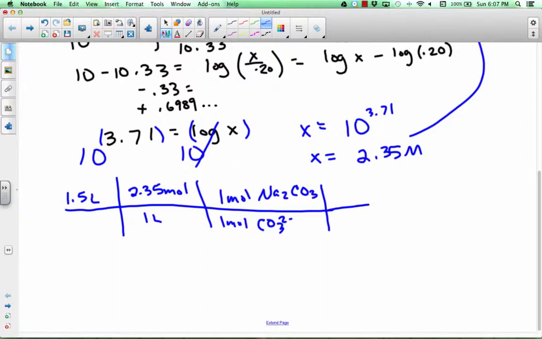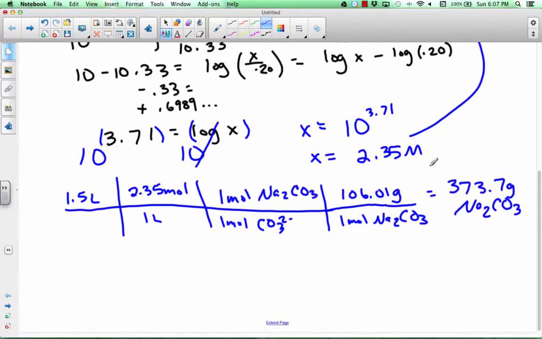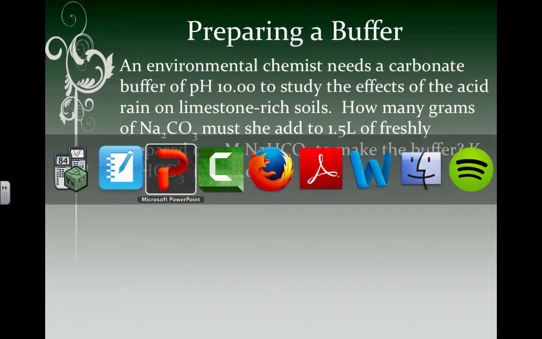And that has a molar mass of somewhere around 106, right? 1 mole of sodium carbonate weighs 106.01 grams. So once we work all this out, I find that it's going to take 373.7 grams of sodium carbonate to add to my solution to create the buffer that will have a pH of 10.